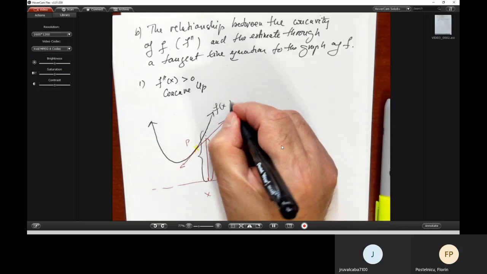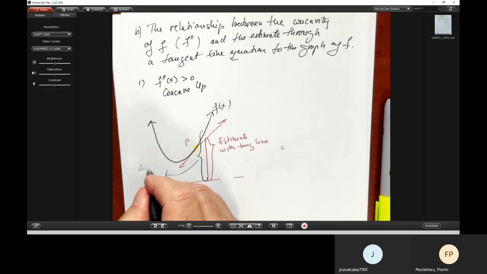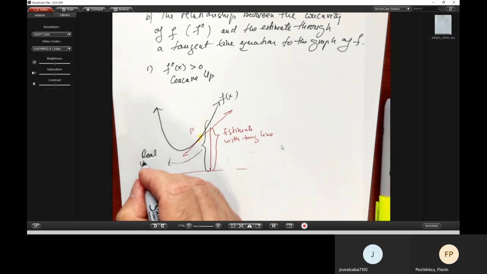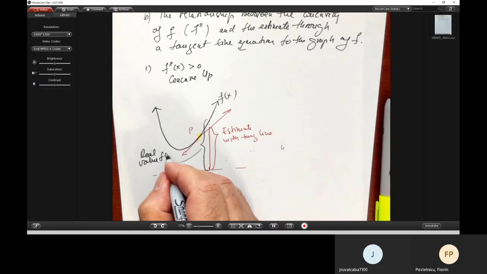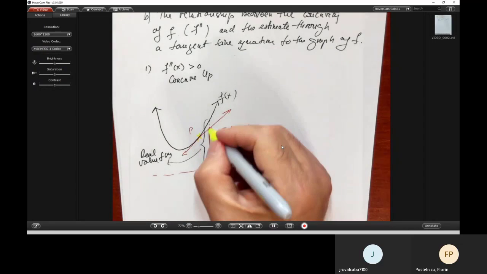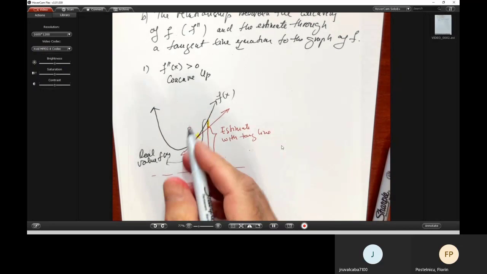So if you look at the graph, you notice that this tangent line to the graph is always underneath the graph of the function. So the estimate I made right here is always less than the real value of the function.